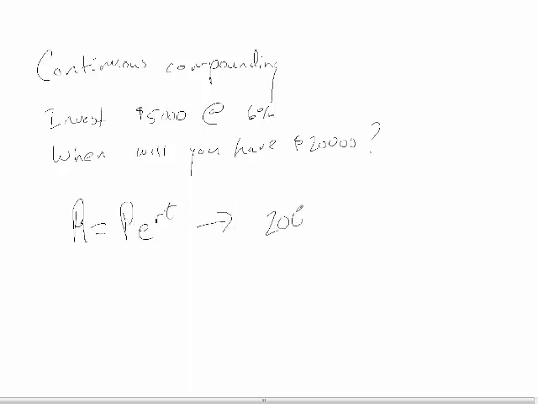We want $20,000. We start with 5,000, e to the 0.06t, and we're solving for t. So we'll start out first by dividing by 5,000 on both sides. And to solve for the variable that's in the exponent, we'll take the natural logarithm on both sides.